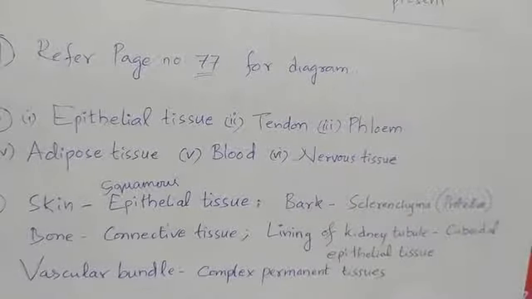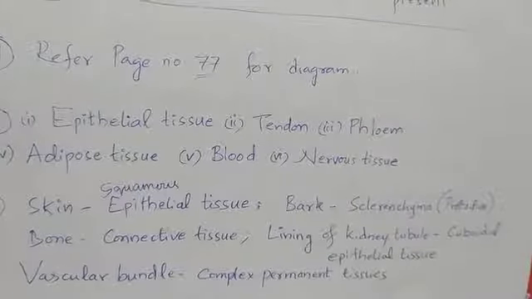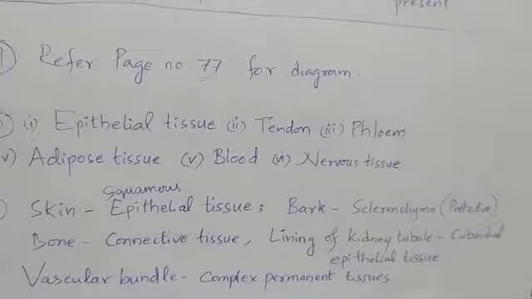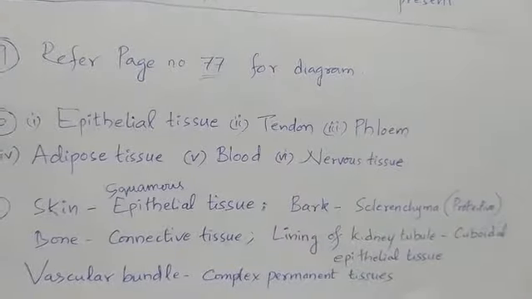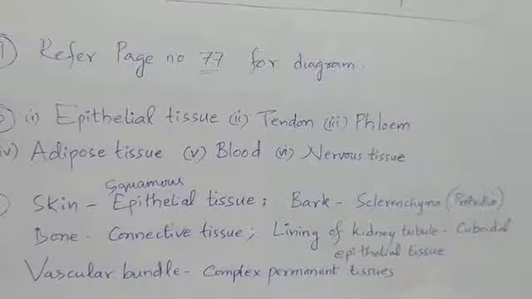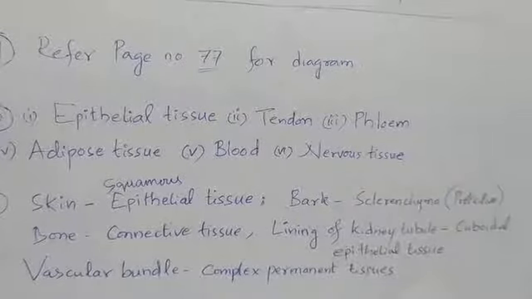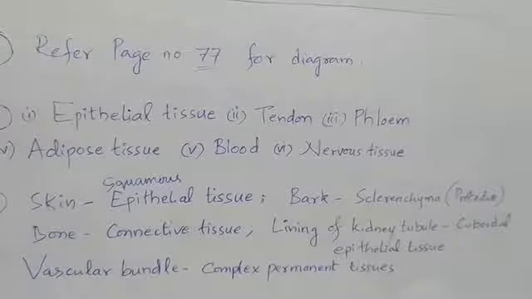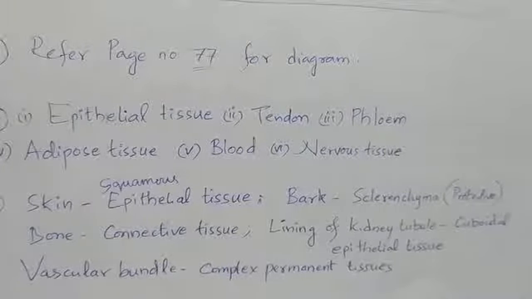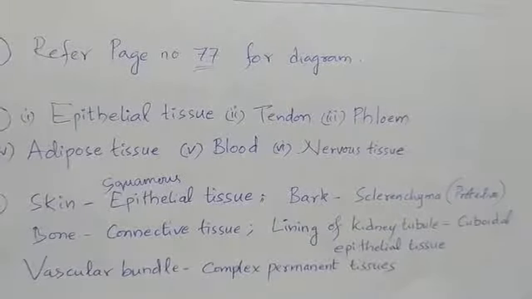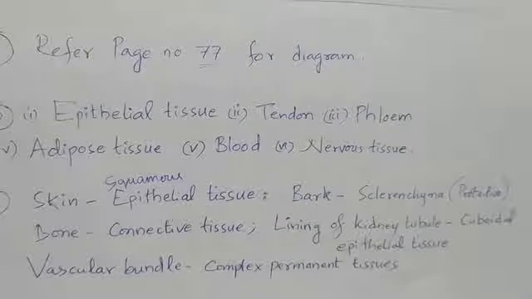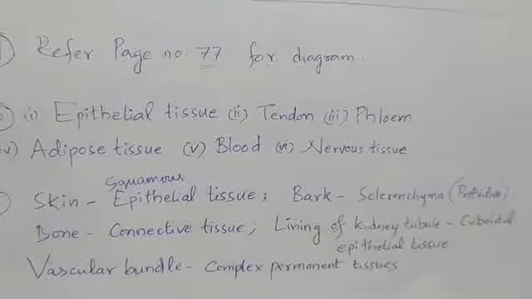Next, bark of a tree: it is a sclerenchymatous tissue, and bark is made up of cork. It is a protective tissue. Bone is a type of hard connective tissue. Lining of kidney tubule is cuboidal epithelial tissue, so that they resist more friction. Vascular bundle is complex permanent tissue.